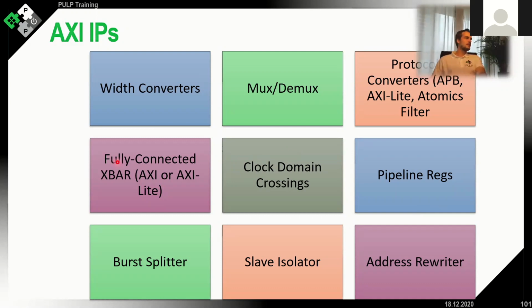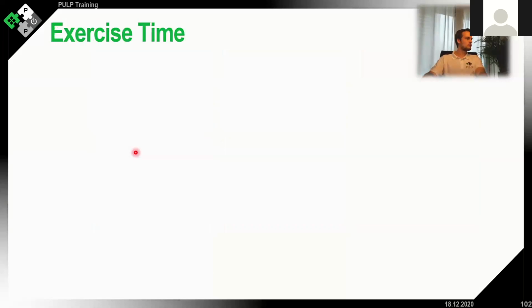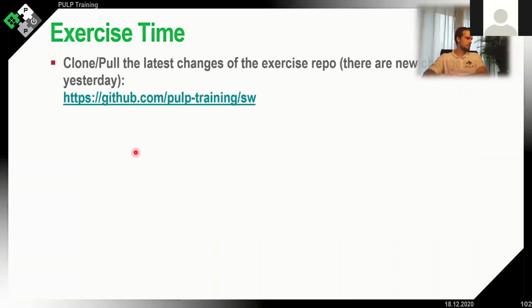Alrighty, then let's proceed with the very first exercise. What you already did yesterday, I guess, was clone the PULP training SW repository, which contains all of the exercise files.